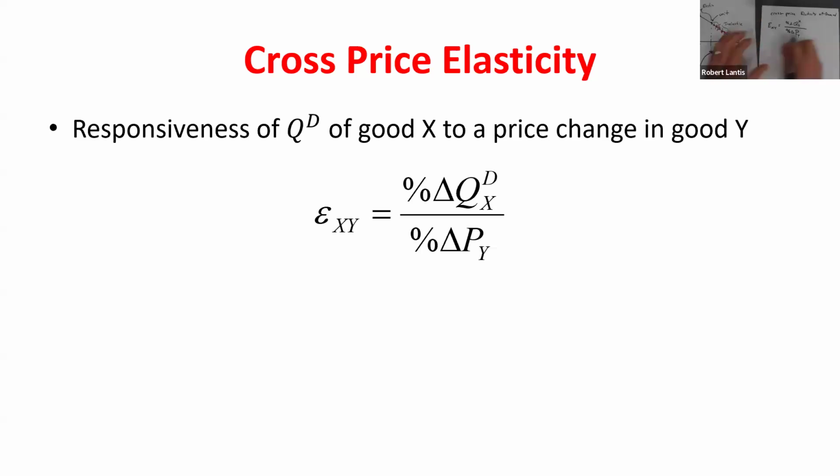Let's think about, well, I'll color code it. If the price of some other good goes up, and as a result, I buy more of good X, what must be true about those two goods? Those two goods must have been what?